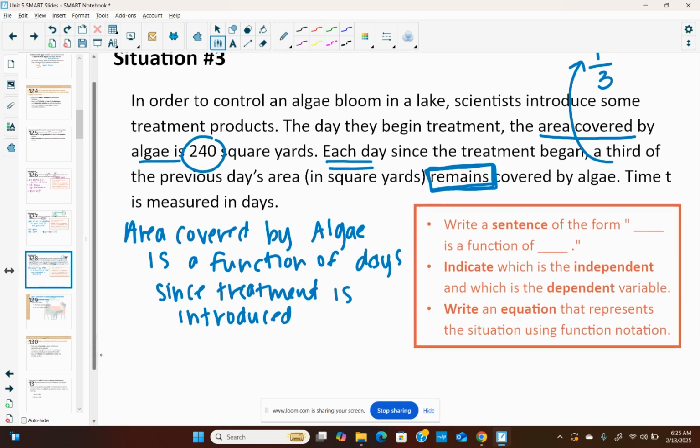Okay, so then the independent variable is the days, and the dependent variable is the algae area, right?